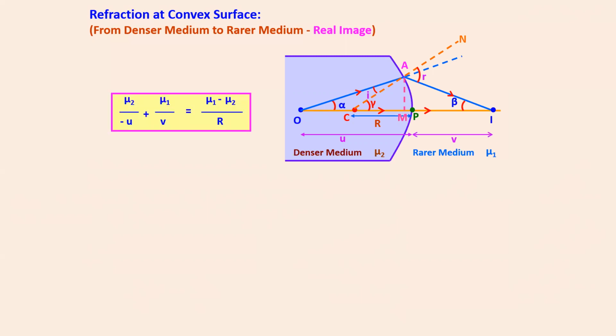Just remember the formula. What was it for rarer to denser, throughout concave or convex? You had only one formula: mu2 by v minus mu1 by u is equal to mu2 minus mu1 by r.